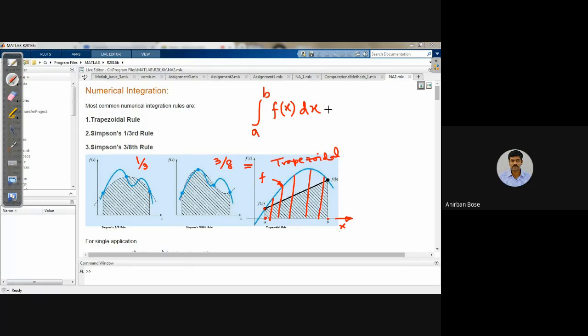Now, in a numerical approximation, what can we do to find this integration by a numerical technique? Observe carefully that in this range from a to b, let us take one point corresponding to x is equal to a. Let us say this height is f(a), and corresponding to b, the functional value is f(b).